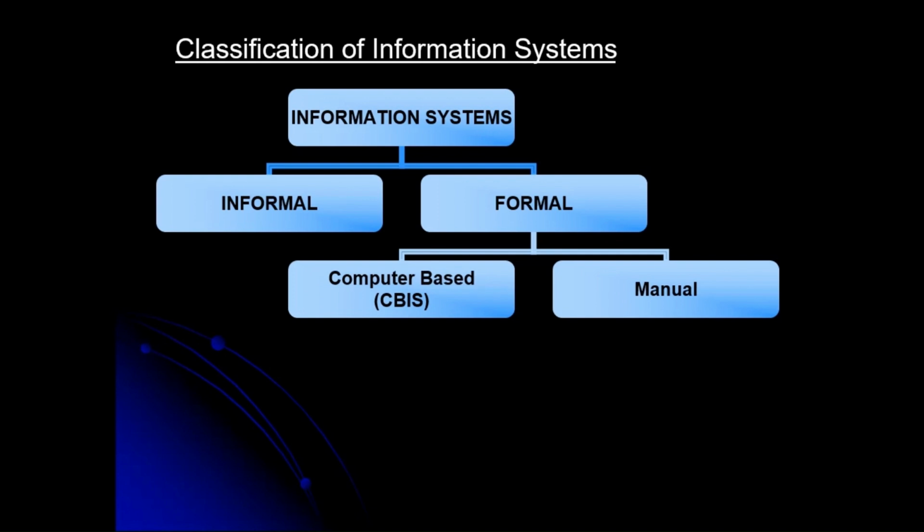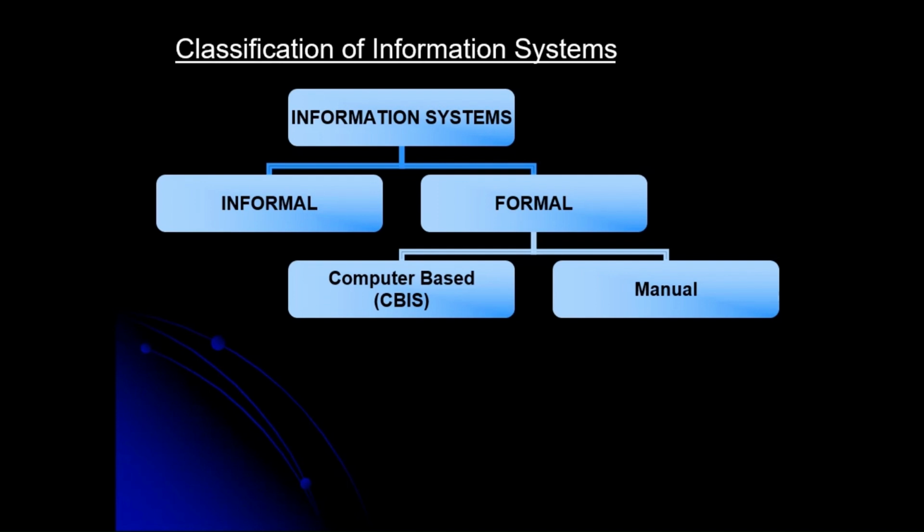From that point, the information flow breaks down. So it is a set of components, and all these components should work together. Organizational gossip is a good example of an informal information system.